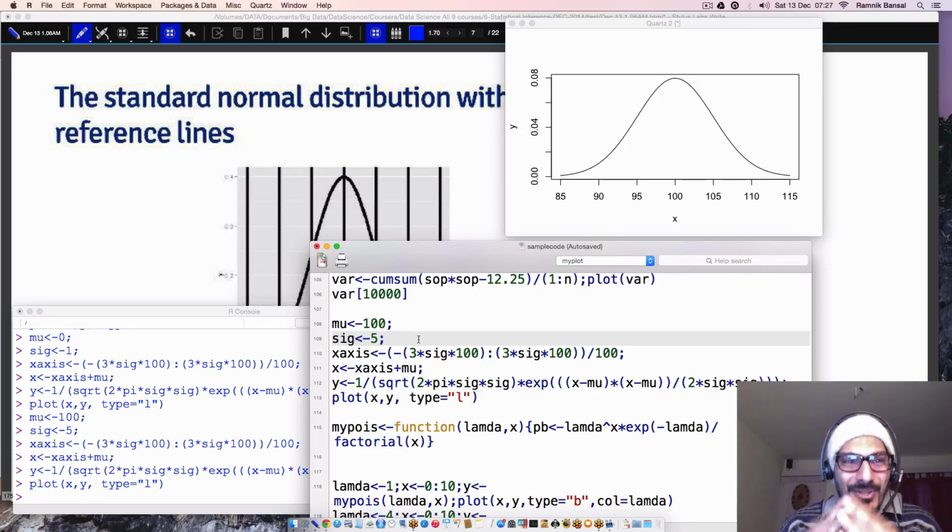In reality, there is only one curve in the whole of normal distribution. Is this fine? So I can use any mu, any sigma, I can compute the new curve, because all that is doing is it's just offsetting the x-axis by mu and then stretching the x-axis by sigma. Is this concept clear?